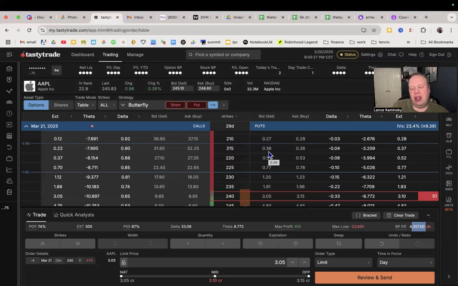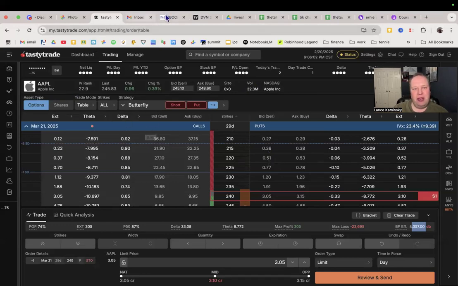I want to look at the technical analysis on the stock and see is it bullish, is it neutral or bearish, just based on the trend of the stock. If I think it's overbought, let's say it's near the top of the Bollinger Band or the RSI is like 80 or it's way above a moving average, there's a decent chance it might start to bounce down. At that point, I would probably sell a little bit of a higher delta because I'd take more premium in that case.